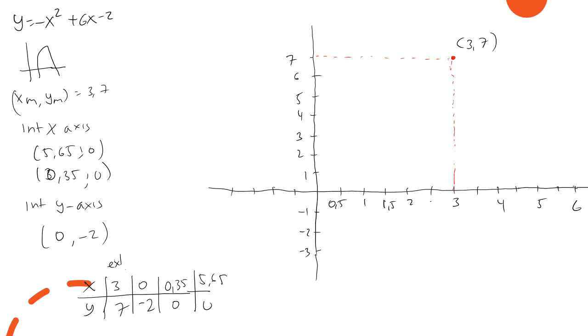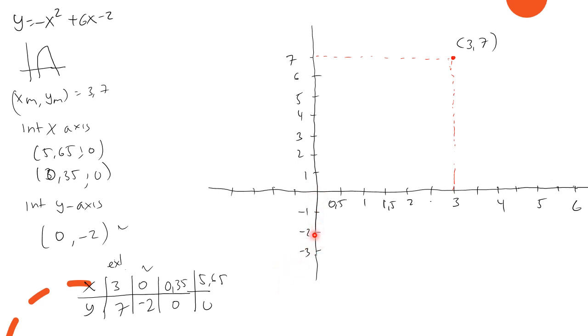Now (0, -2) is next, where it intersects the y-axis. It touches the y-axis here, so 0, minus 2 is this one.